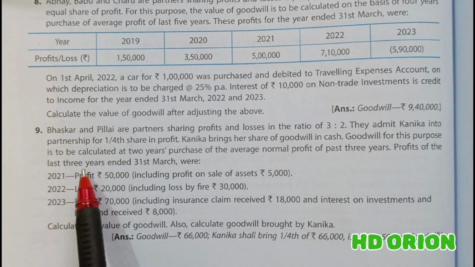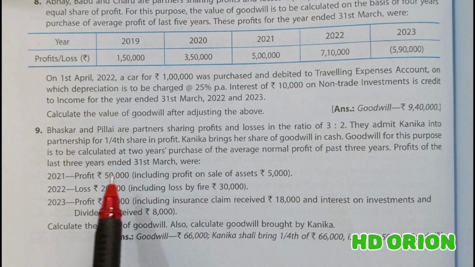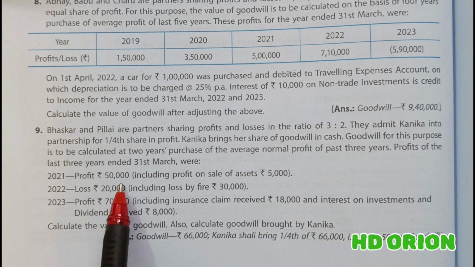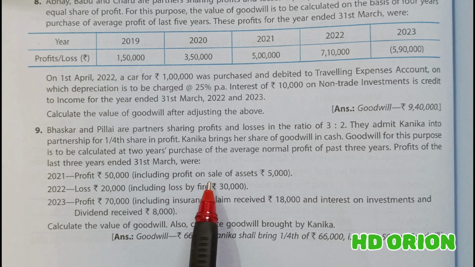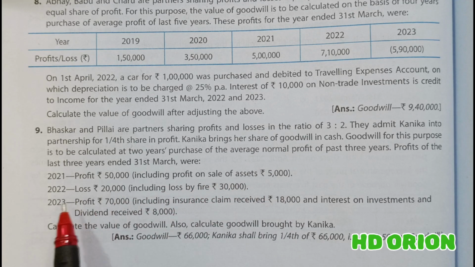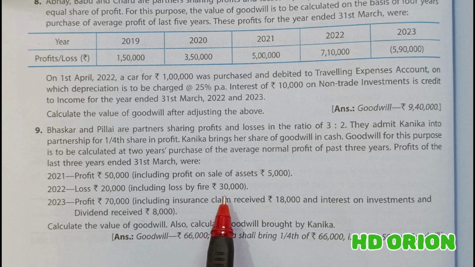Profits of the last 3 years ended 31st March: 2021, there is a profit of rupees 50,000 including profit on sale of asset rupees 5,000. 2022, there is a loss of rupees 20,000 which includes a loss by fire rupees 30,000. 2023, there is a profit of rupees 70,000 including insurance claim received rupees 18,000 and interest on investment and dividend received rupees 8,000. Calculate the value of goodwill. Also calculate goodwill brought by Kanika. Let us see the solution.